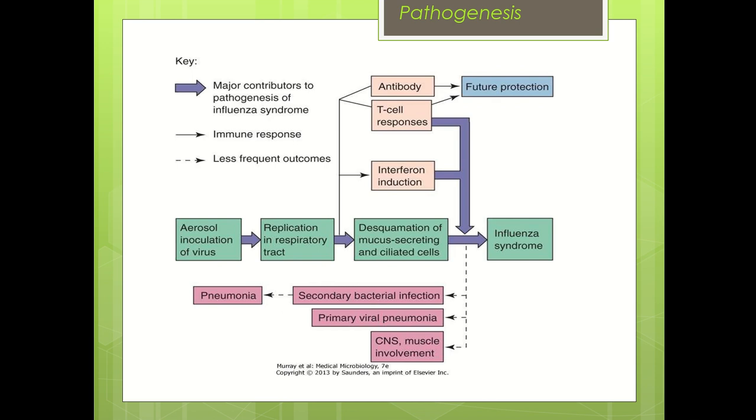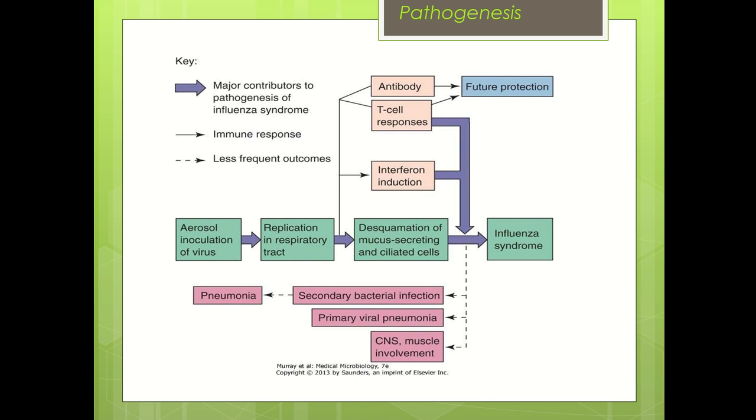So, the rise in antibody and T cell mediated immune response always gives future protection, a long-term protection against influenza virus. Interferon rise as well as T cell response prevents progression from desquamation to the syndrome phase.